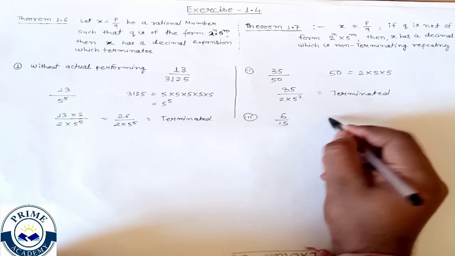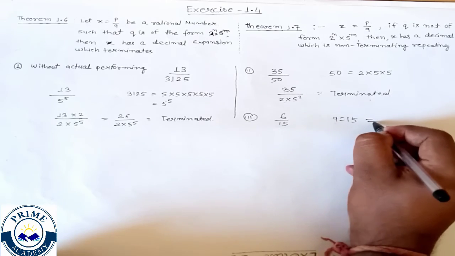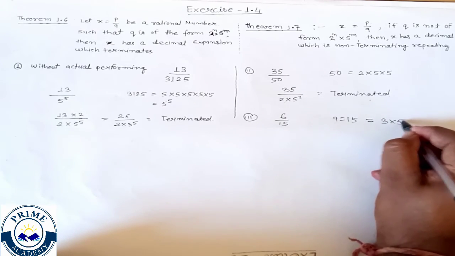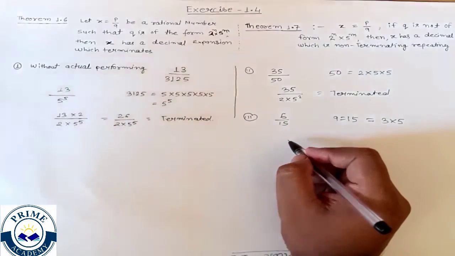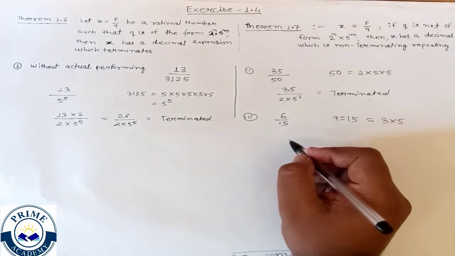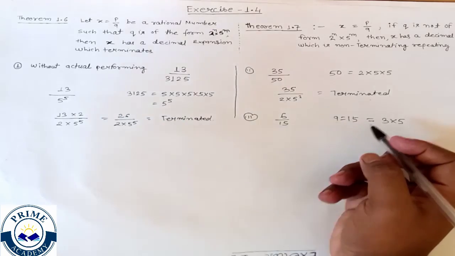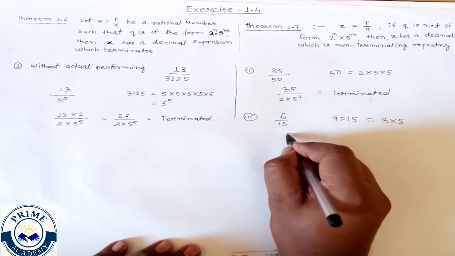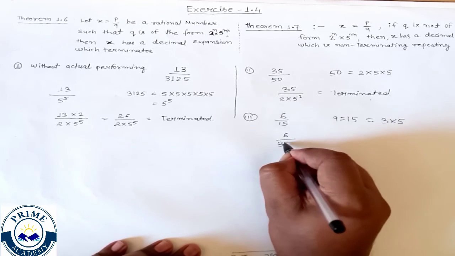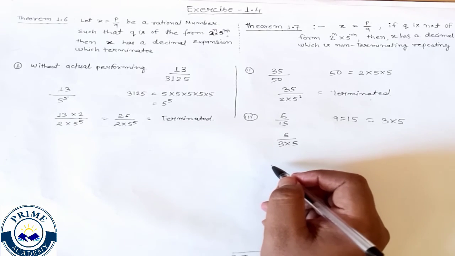So q equals 15, and this 15 will be factorized in the form of 3 into 5, right or not? So can I write 6 upon 3 into 5, right?